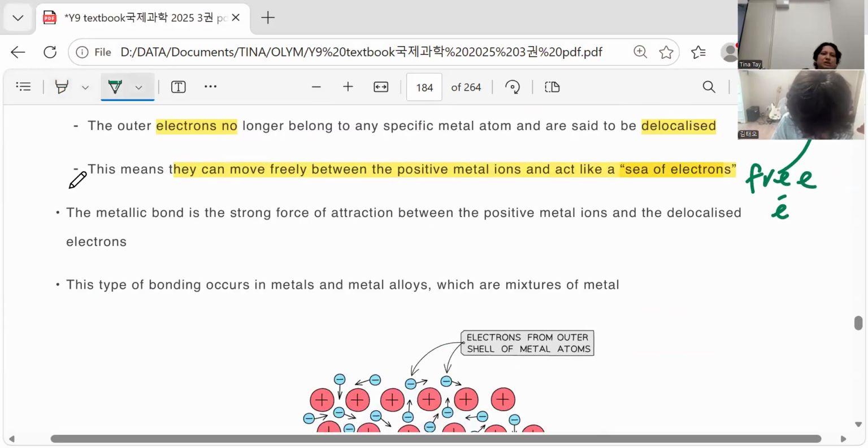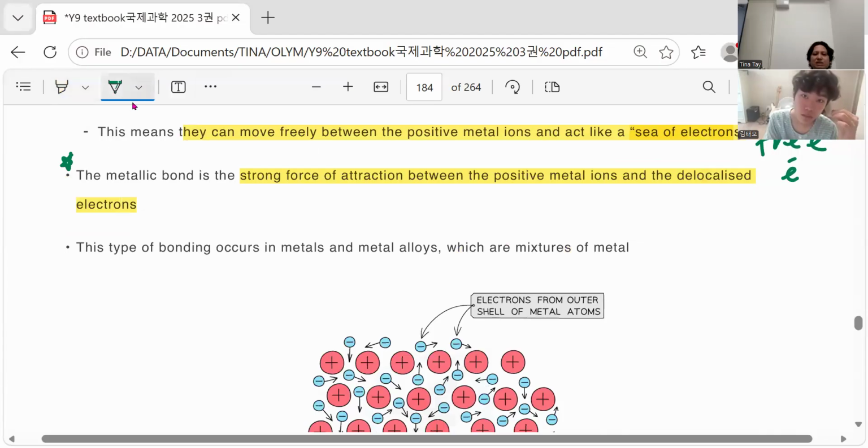So this is the definition of a metallic bond. It's the strong forces of attraction between positive metal ions and the delocalized electrons. What is the name of the attractive forces? The forces of attraction are known as electrostatic forces of attraction.